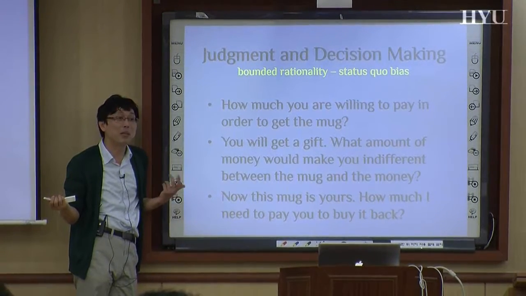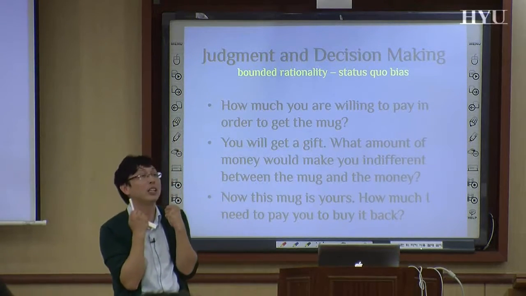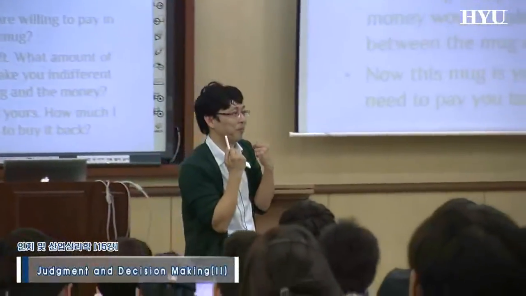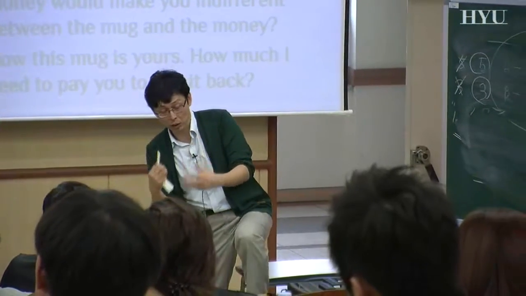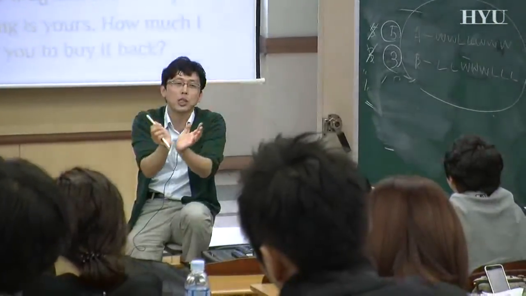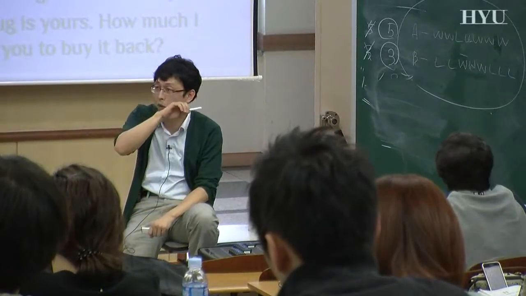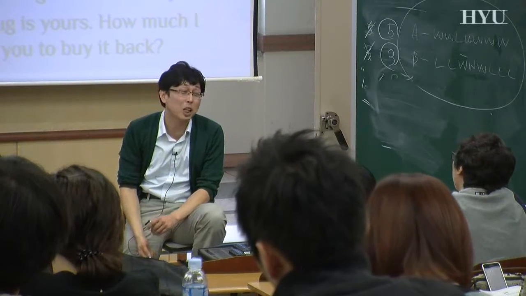So why did this happen? Because when you obtain the product, you value it too much. Because you get the product, you have something in your hands. That's why you value this one as more important than in your first decision. The first decision is more likely objective, but the last decision is more likely subjective.